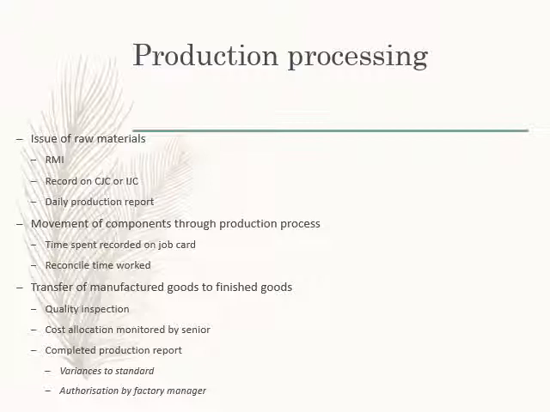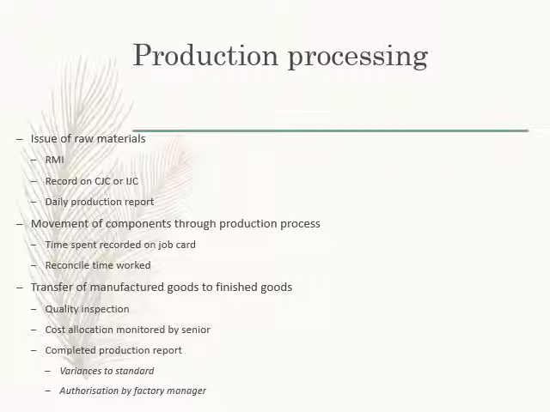And this is done simply by writing the time on the card. So the time spent is just written on the card by the employee or by using a clock in and out system. At the end of the day, the total time recorded on job cards is then reconciled to the total hours worked by the production staff. This reconciliation is done on a daily basis.